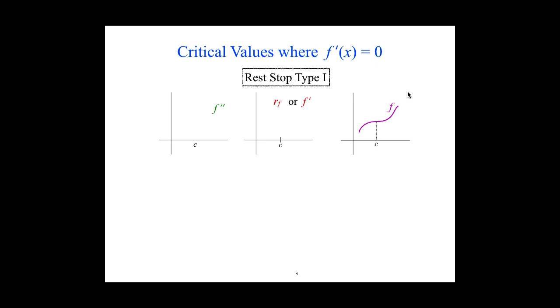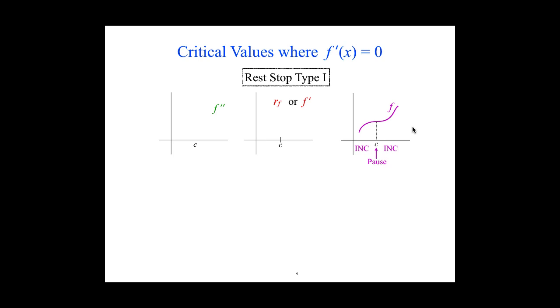It just hit 0 and then continued on the way it was going in the first place. So this function f, you can see, is just increasing most of the way. It just happens to pause for a moment around c. So increase, then this pause or flat spot, and then increase again. If you had a graph, you would know that that wasn't a maximum or a minimum.